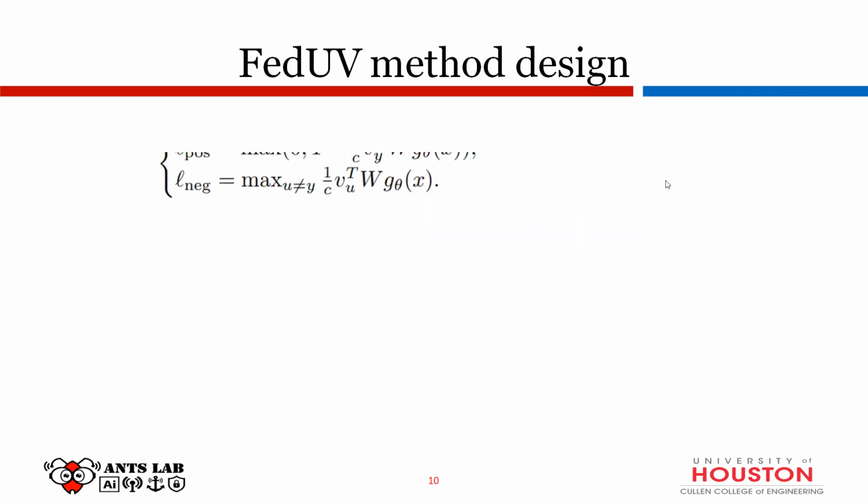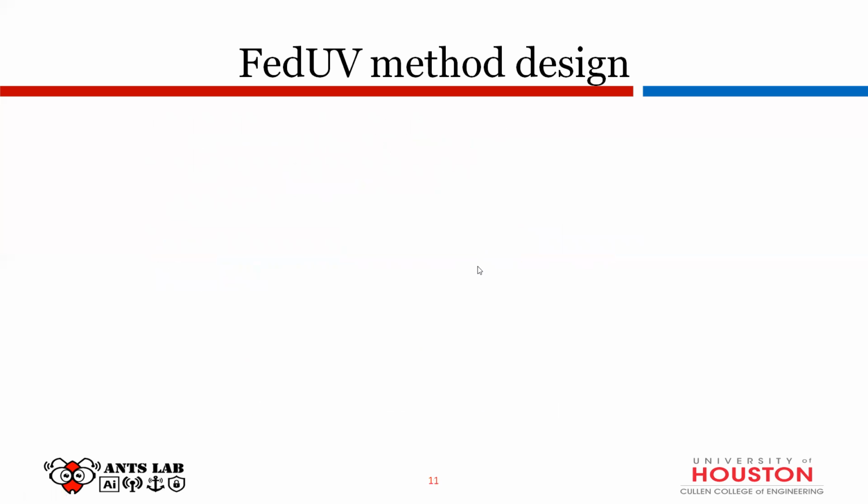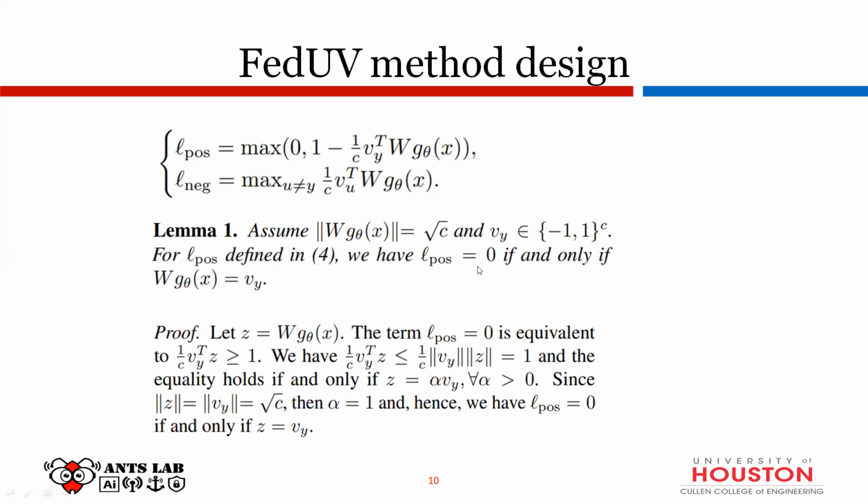So this is the first lemma. Basically this one is showing that if we want to have positive loss, we have to have this Z, which is this WG theta X equals VY. And the second, sorry, what's the WG theta X here?